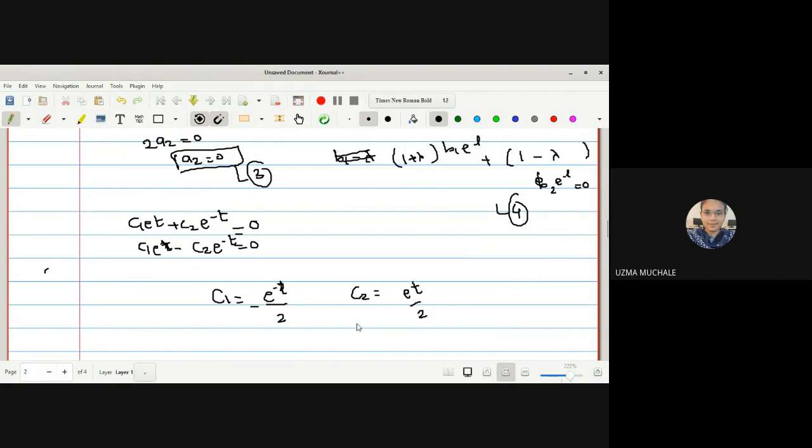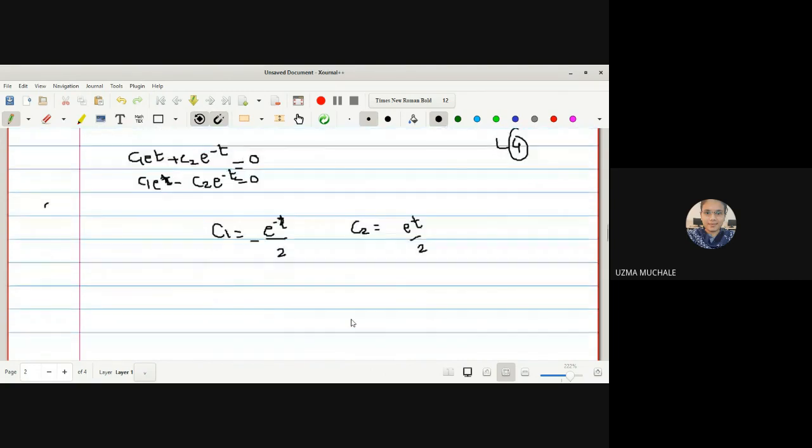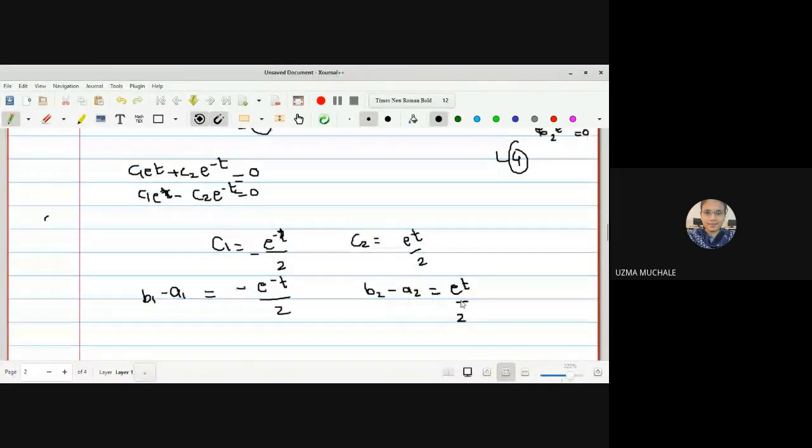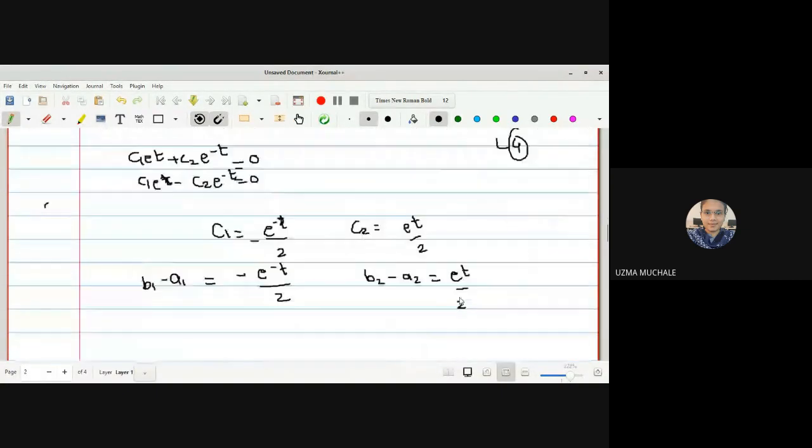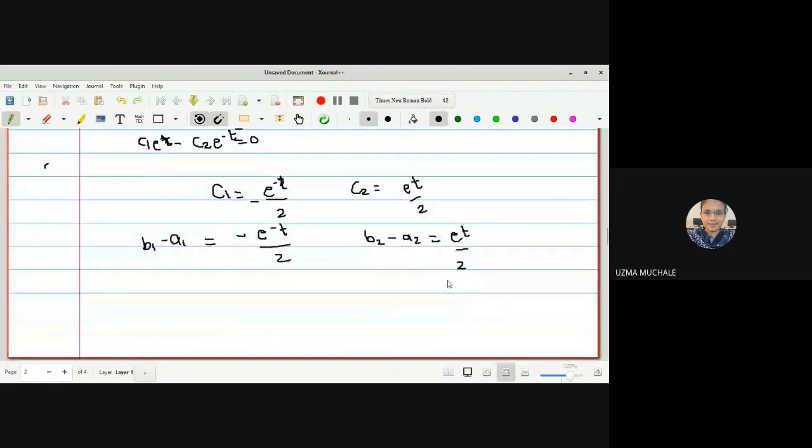In this way, we get the value of b1 minus a1, because we have substituted c1 as b1 minus a1, which gives e raised to minus t by 2. And b2 minus a2 is equal to e raised to t by 2. From equation 3, the value of a2 is 0, so directly we get the value of b2 is equal to e raised to t by 2.